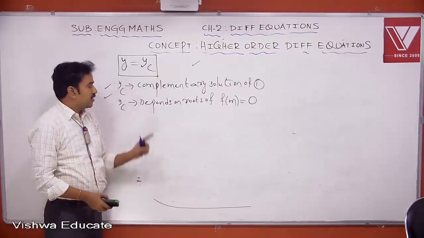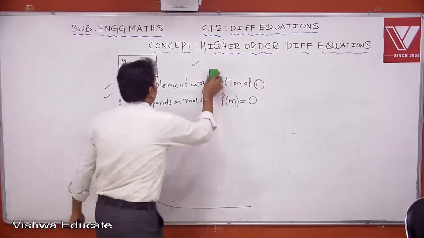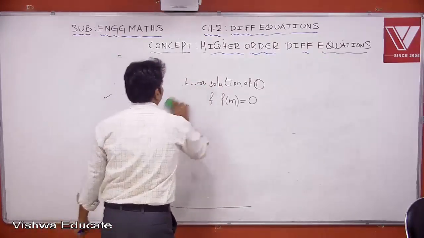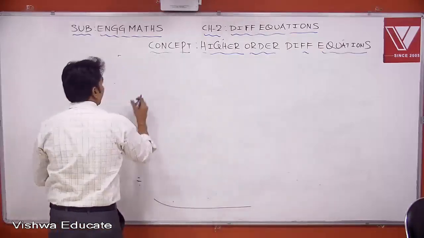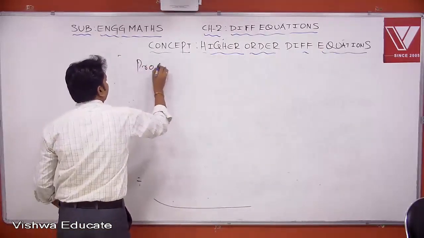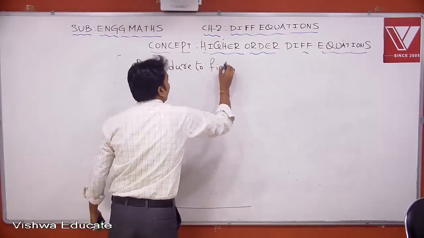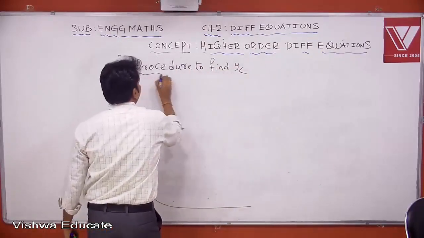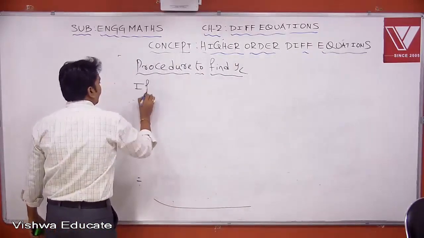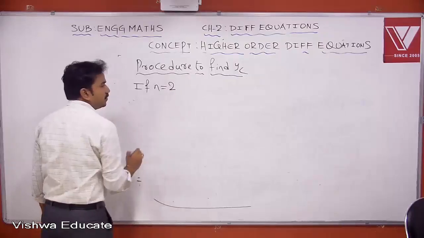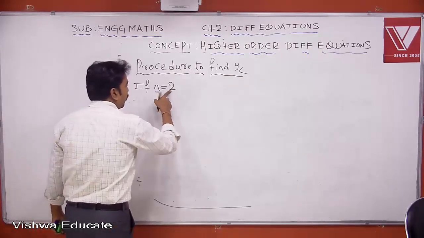Now our next task is how to get this yc, right? So the next concept is the procedure to find yc. Suppose we start with a second order equation, that is n equal to 2, where n represents the order of the equation.